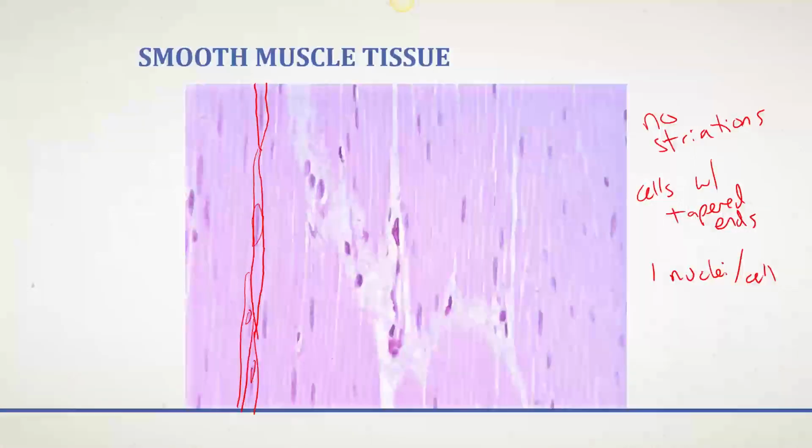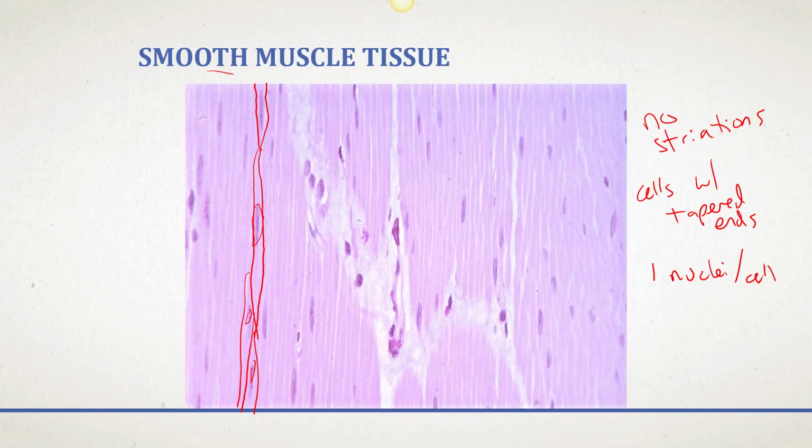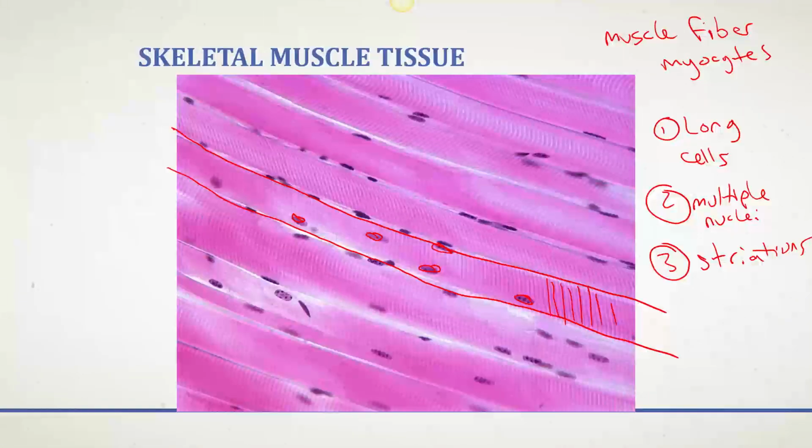Smooth muscle tissue, like I mentioned, is found in the blood vessels, but it's also found in the intestines and several other organs in the body. Smooth muscle tissue is referred to as involuntary muscle tissue, while skeletal muscle tissue is sometimes referred to as voluntary muscle tissue.